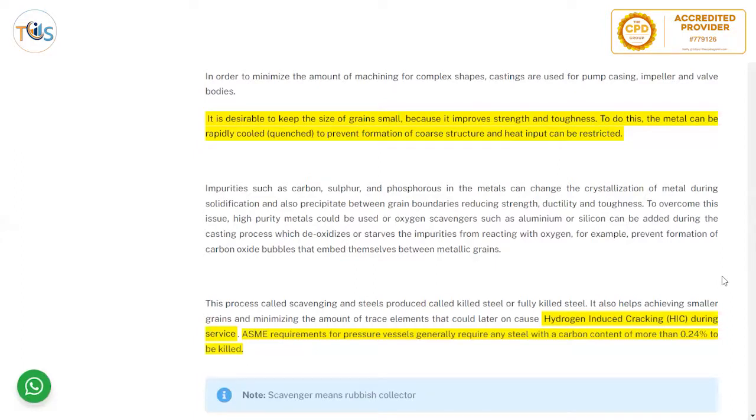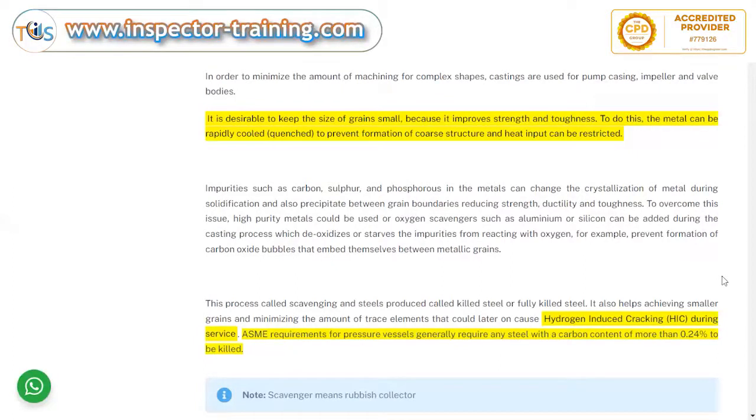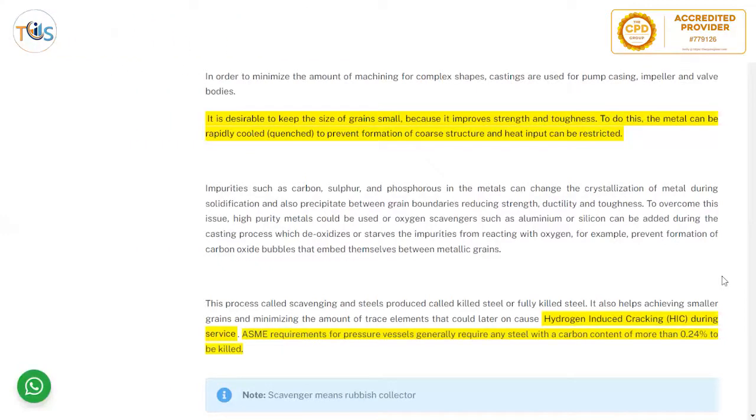To do this, the metal can be rapidly cooled, that's called quenching, to prevent formation of coarse structure, and heat input can be restricted. Impurities such as carbon, sulfur, and phosphorus in the metals can change the crystallization of metal during solidification and also precipitate between grain boundaries, reducing strength, ductility, and toughness.